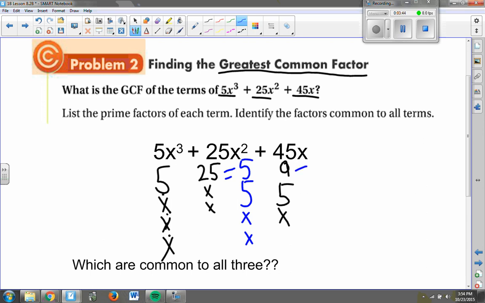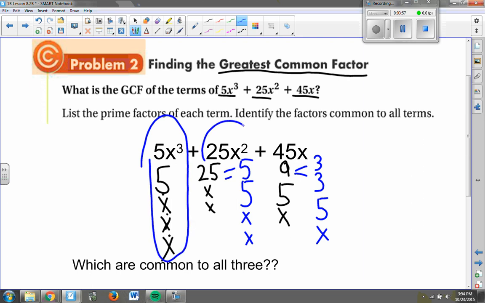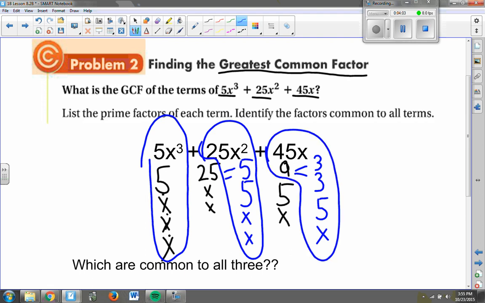I can factor 9 into 3 times 3, still times 5, and still times x. So now I have factored out each one of these terms to what they are in their most factored form.